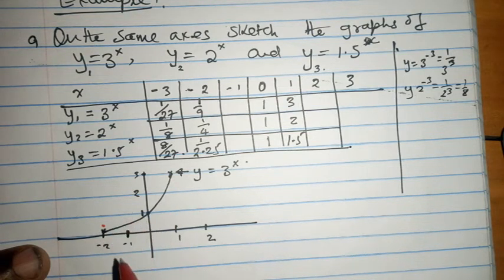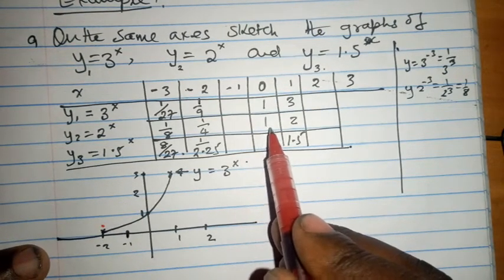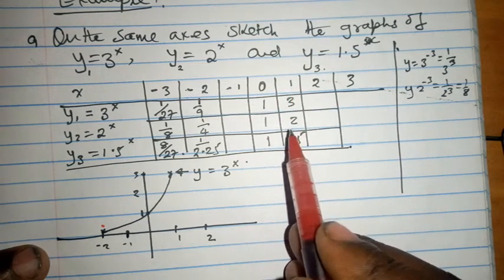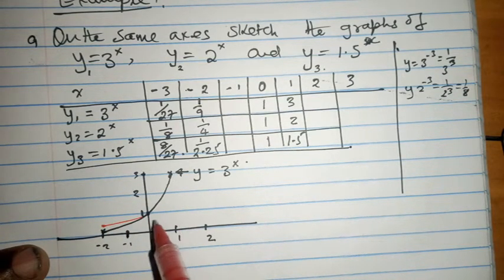But anyway, I want us to look at it that way. So when x is 0, y is 1. But when x is 1, y is 2. So it is higher on the left-hand side, they are equal when x is 0, and it is smaller when x is positive.